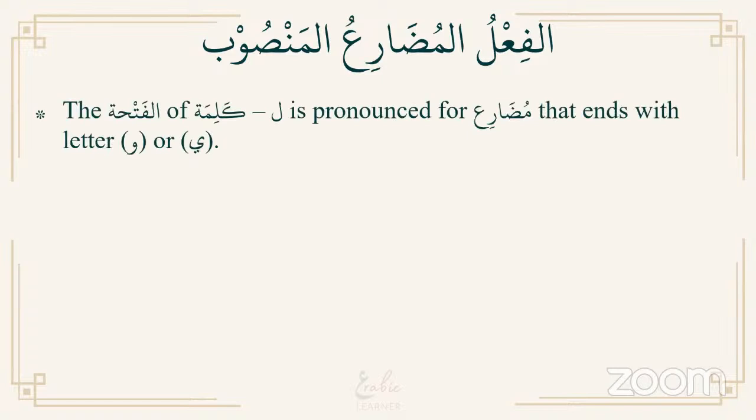Okay. Now before I tell you about Nasiba, because Nasiba will make the Mudaare Nasab, right? So the Lam kalima will be taking the Nasab sign, Fatha sign. You will pronounce the Fatha sign if it is actually having Ya and Waw.